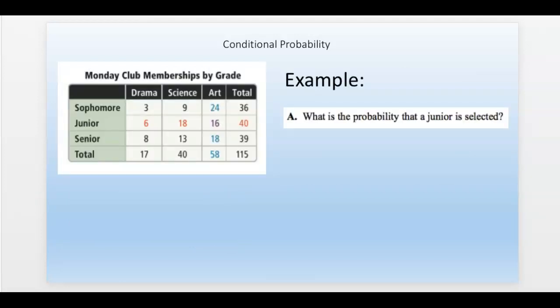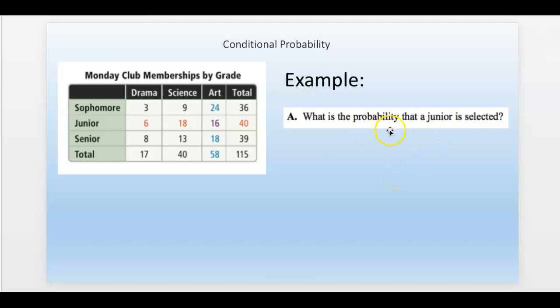Let's look at some examples. I understand you might not get that right away. It's okay. All right. Here's some students, sophomores, juniors, and seniors, and they have drama, science, or art. All right, what's the probability if we select randomly a student that we pick a junior?